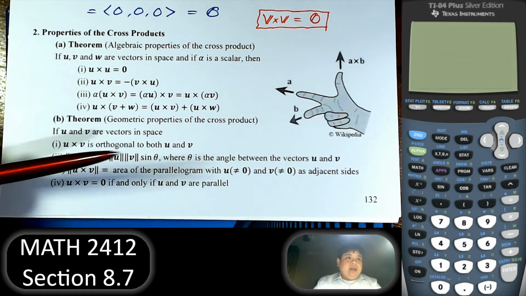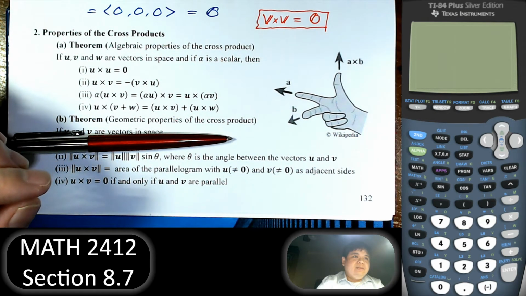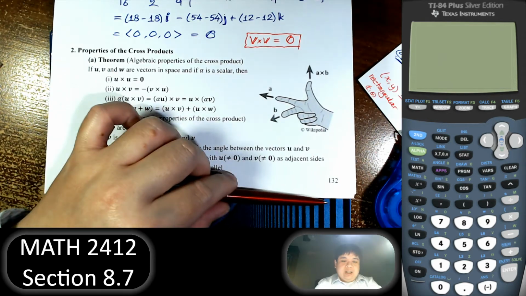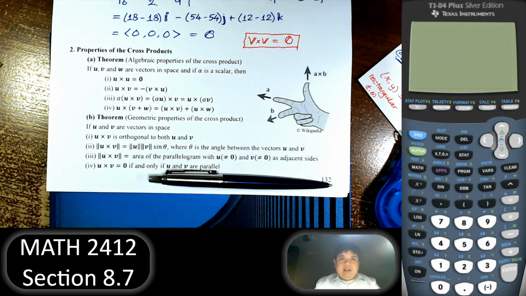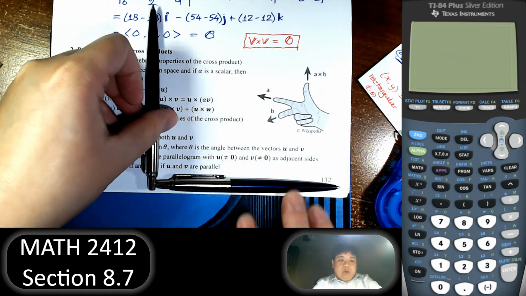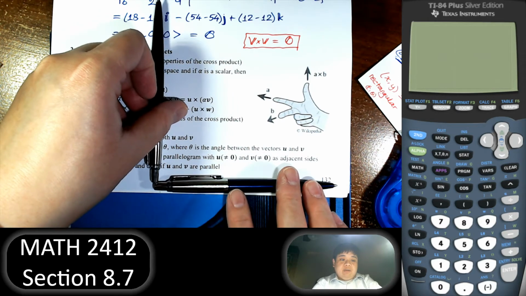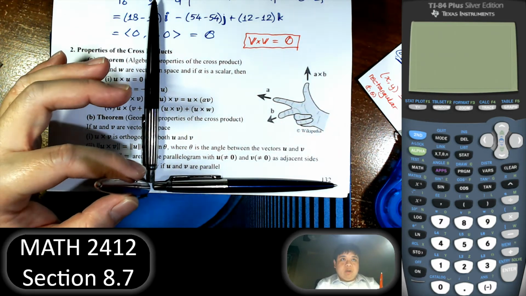Because we have this in the previous section, let me zoom out. If we have the first vector and the second vector, then to determine the direction of the third, remember this is the vector product, the product is a vector. So to determine the direction of the product vector, we use the right hand rule.